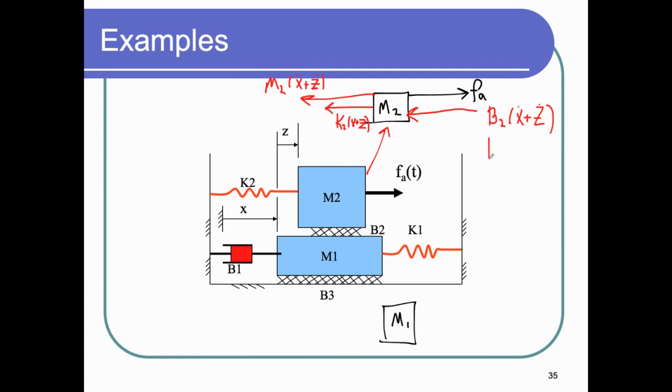We have B2 z dot. So why is that? Because the friction is only between M1 and M2. Okay, so it didn't start from x.